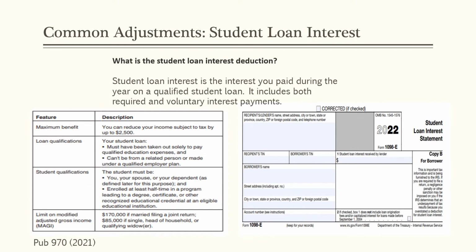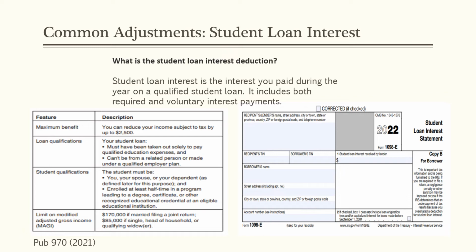And now we are going to cover the last common adjustment, which is student loan interest. So what is it? The student loan interest deduction. Student loan interest is the interest you pay during the year on a qualified student loan. It includes both required and voluntary interest payments. You can reduce your income subject to tax by up to $2,500, which is the maximum benefit you can get.